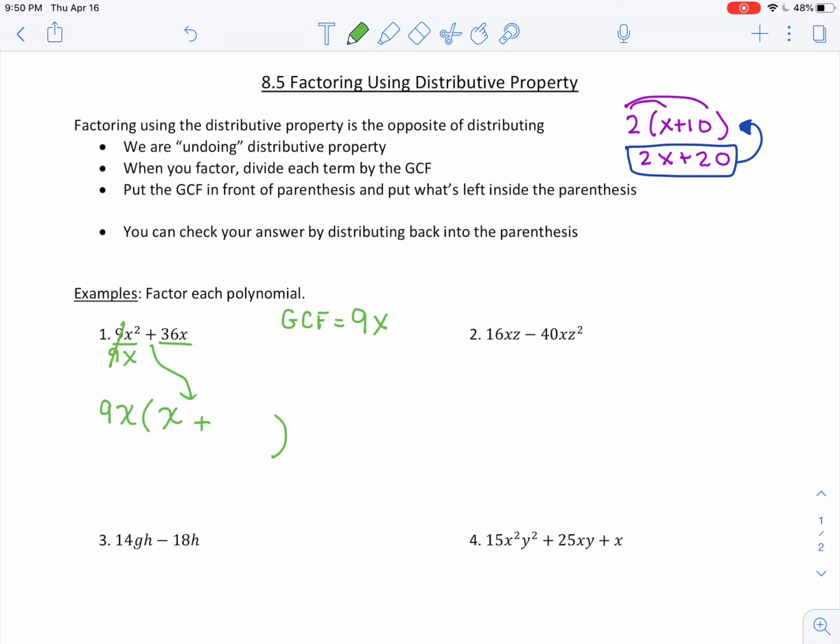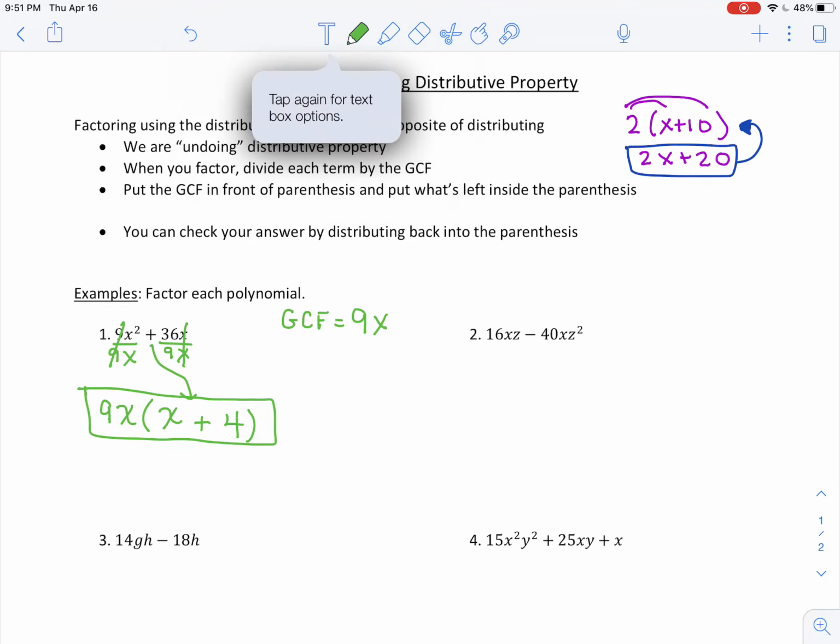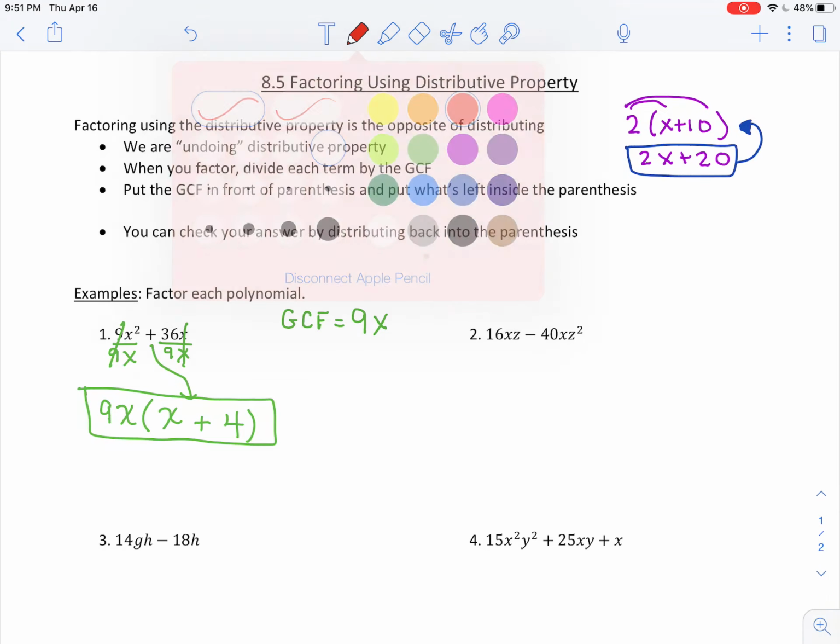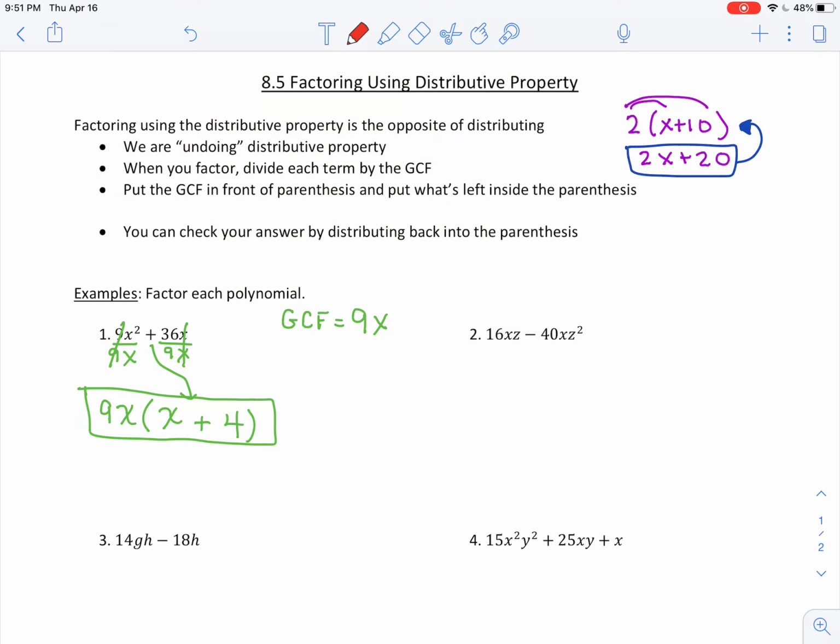I divide the second term by my GCF, 9x. 36 divided by 9 is 4. X divided by x cancels out. This is my final answer. This is what the factored form looks like. 9x times parentheses x plus 4. Out front, it shows my GCF, and then inside, it shows what's left once I took out the GCF from each term.